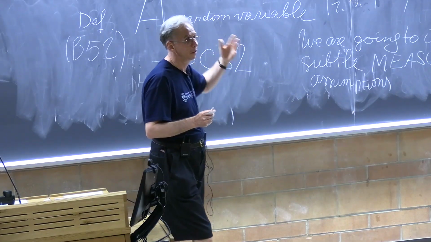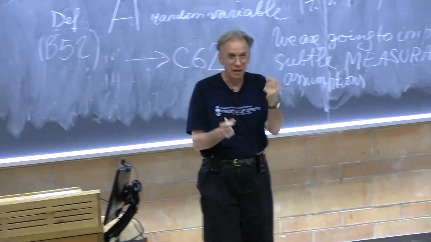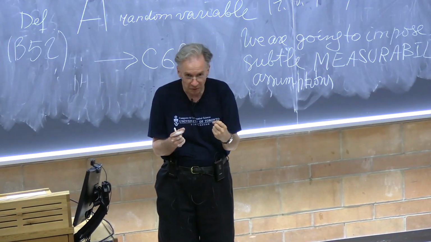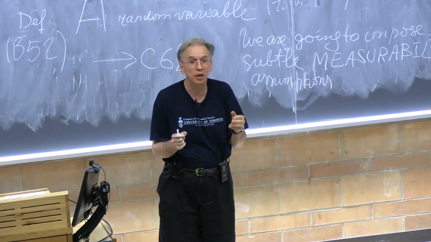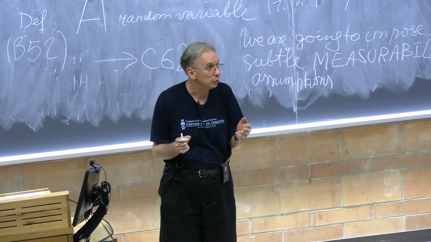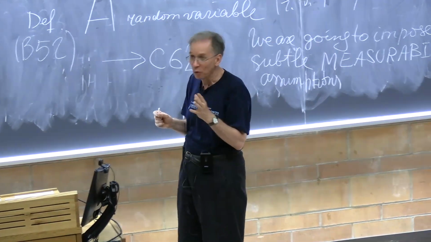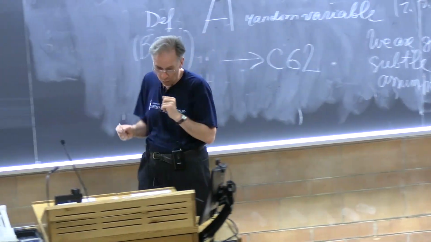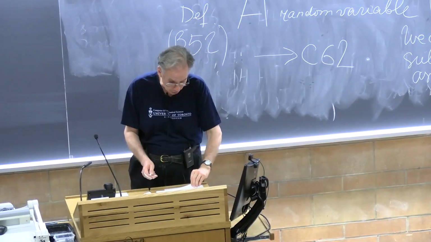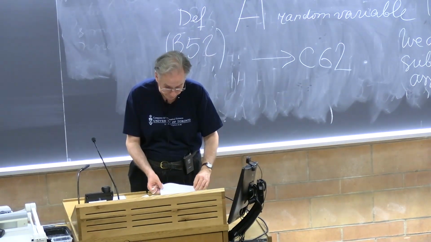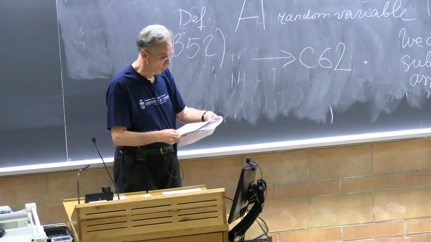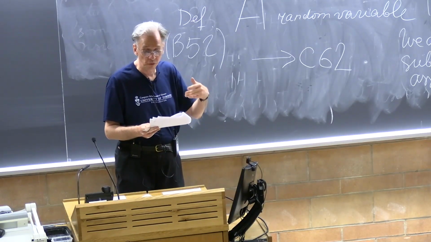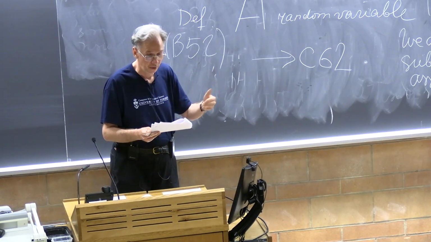Namely, we will be dealing with sigma fields and the corresponding measurability properties. Okay? For now, I just want to review what is going to happen when we will move on.